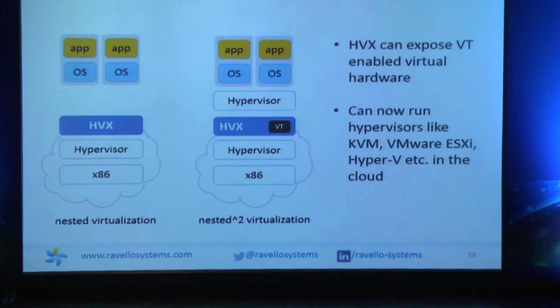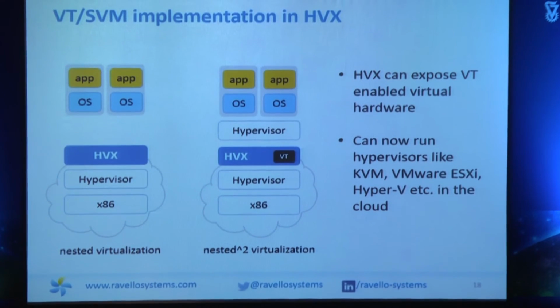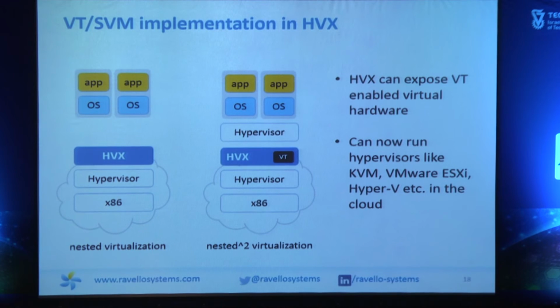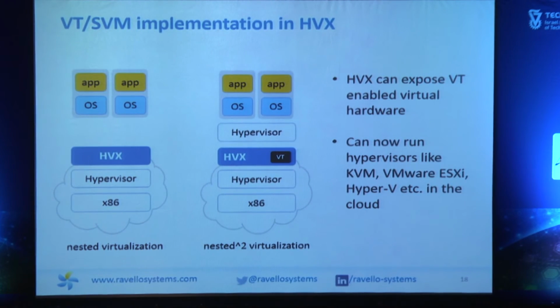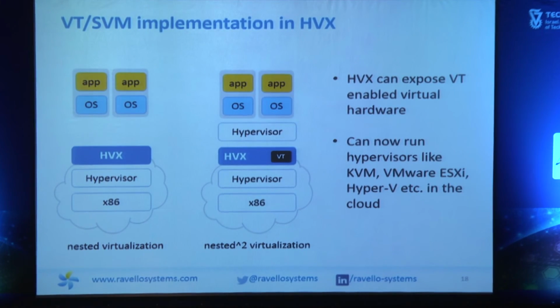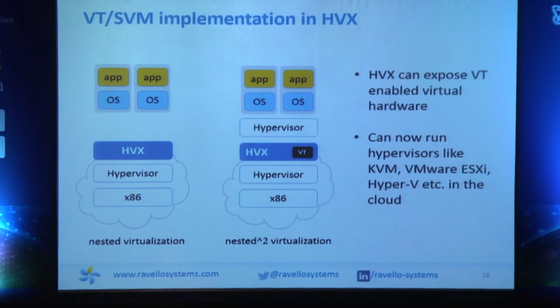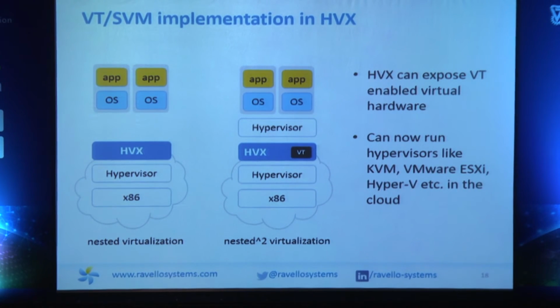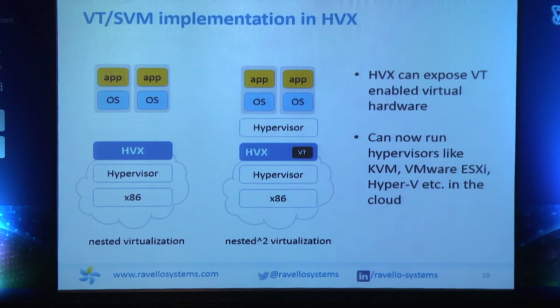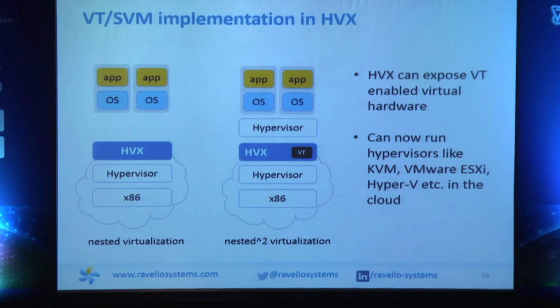So this is an additional level of nesting that we can offer. By doing that, we can run things like KVM in the public cloud, or we can run ESX in the public cloud. This is a very powerful approach. The overall performance here is basically unchanged relative to the previous n+1. So this is n+2. We can go into technical details why it's so effective.